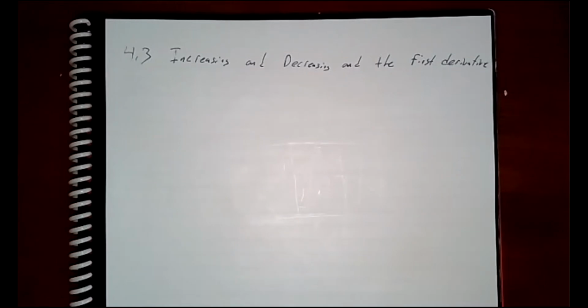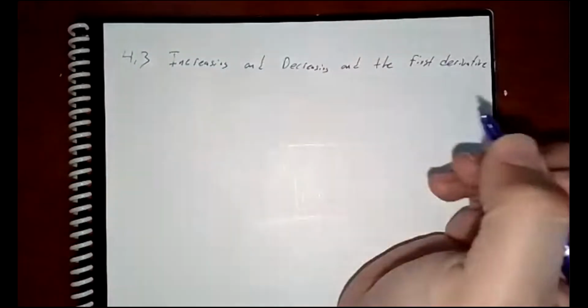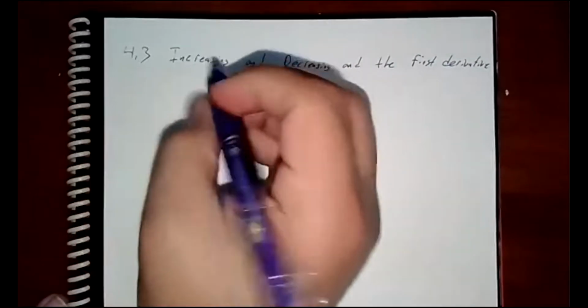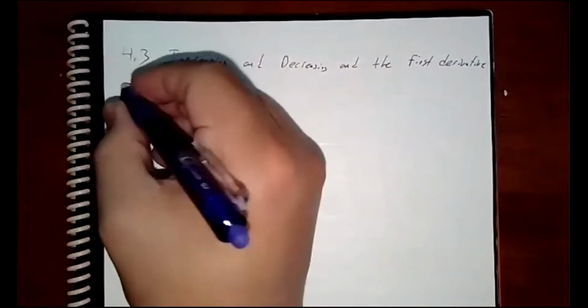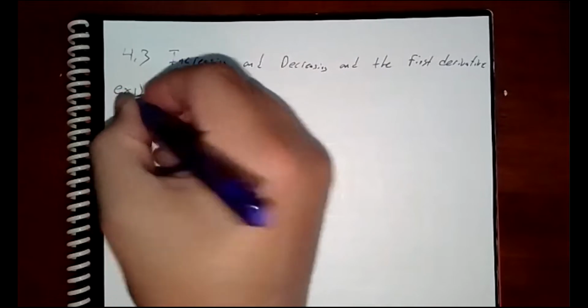Okay. So if you graph these, let's do an easy one. Let's do the first one. I'm sure you remember increasing and decreasing from college algebra, but let me go over it again.